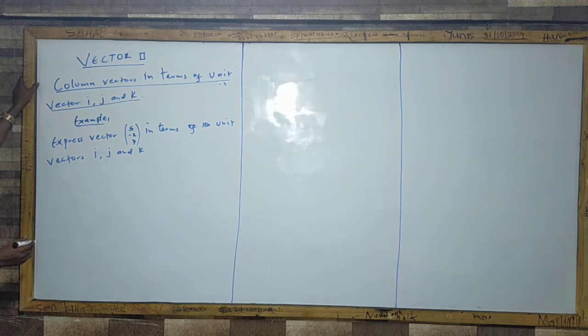As far as the unit vectors IJK are concerned, this is what we're going to do.